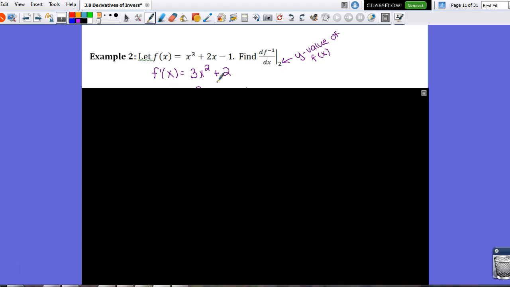The factors of the last term over the factors of the first. So it's 1 and 1, and then 1 and 3.